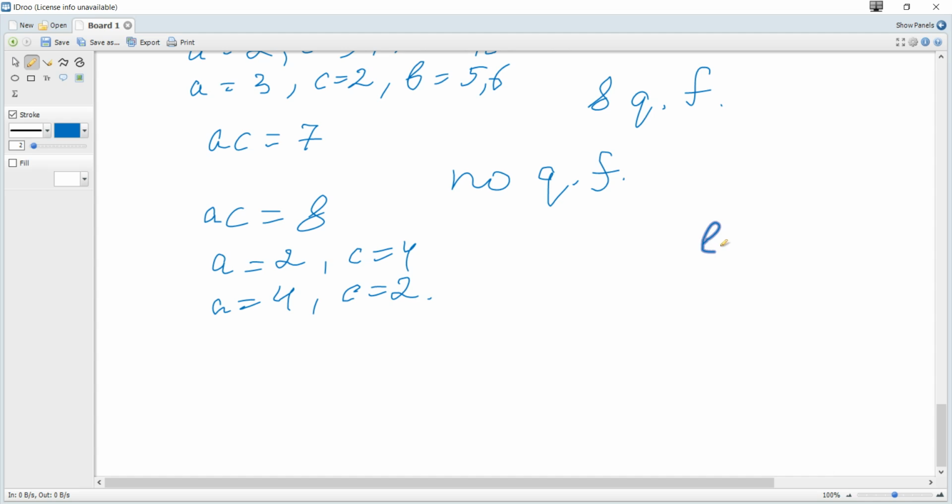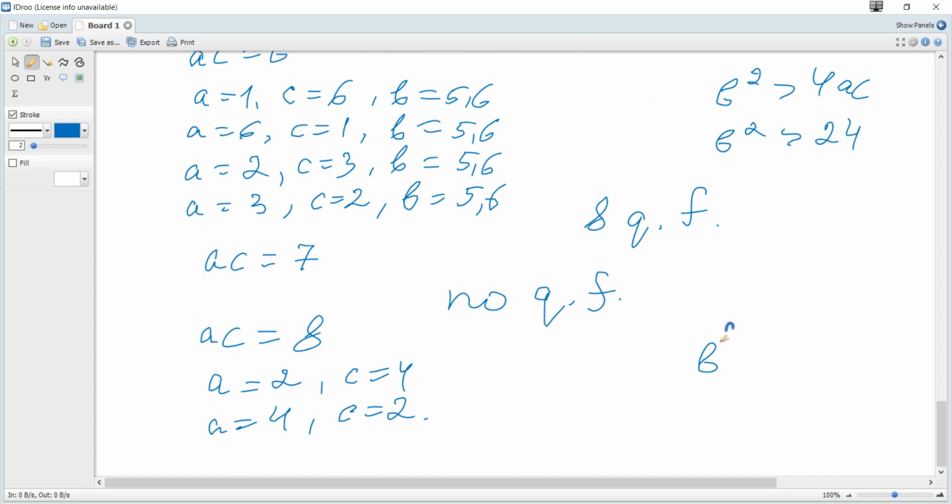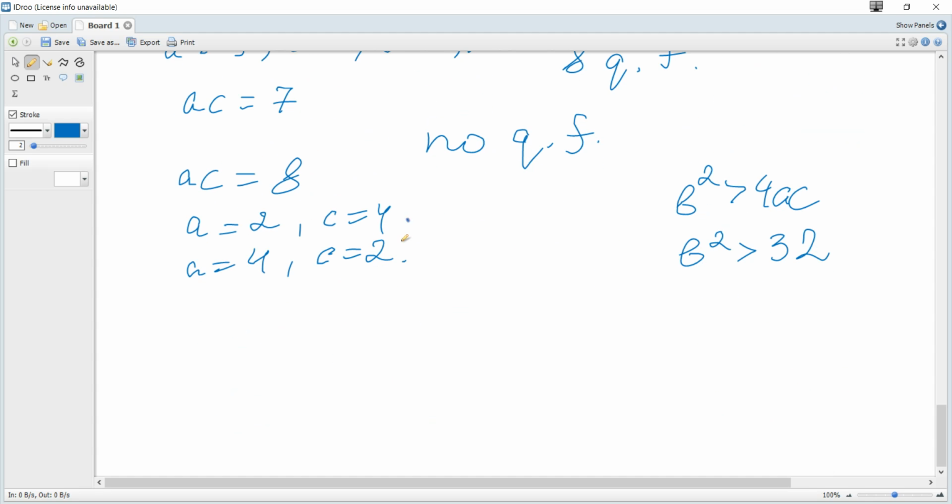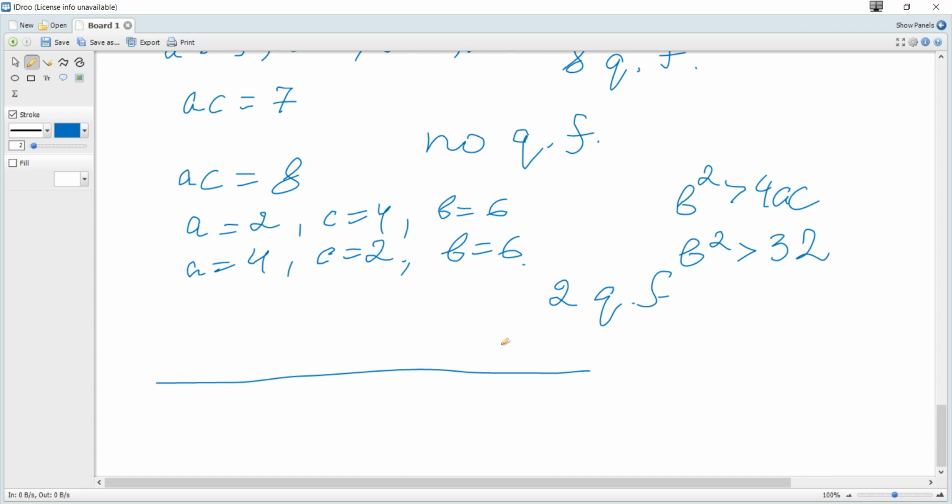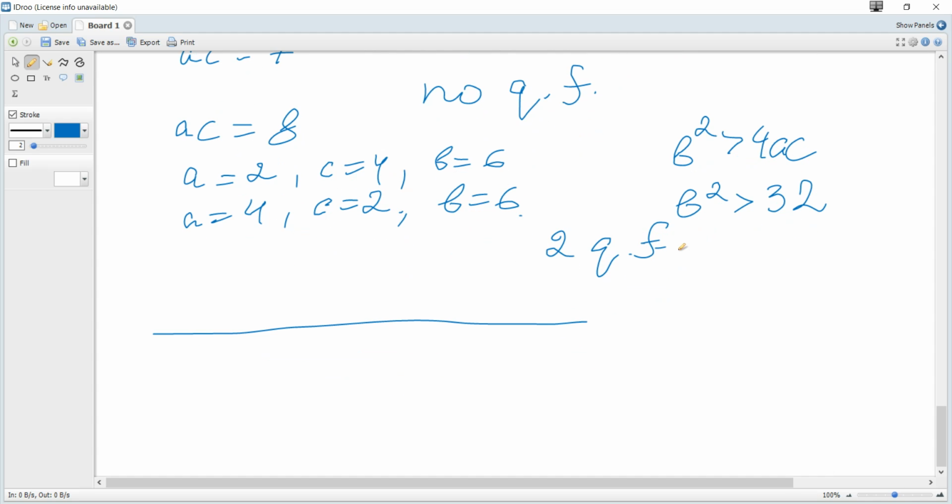And again, B squared is greater than 4AC, so B squared is greater than 32, and it's only 6. And 2 quadratic functions.